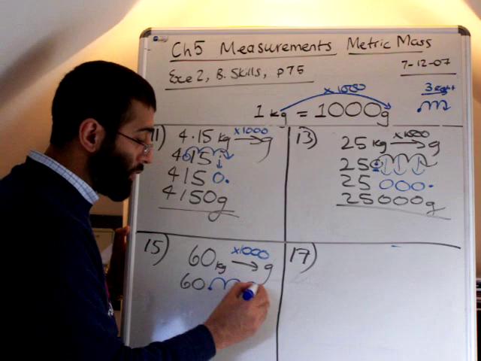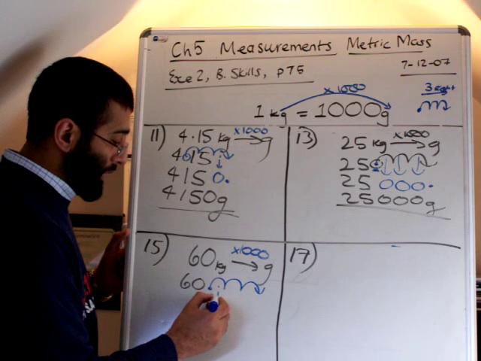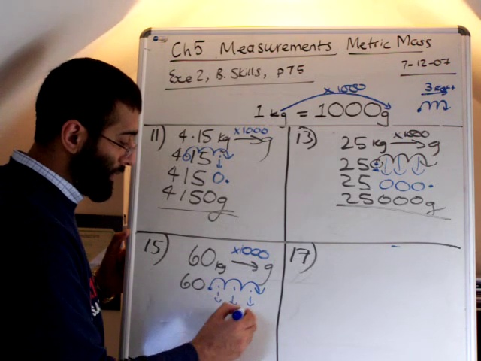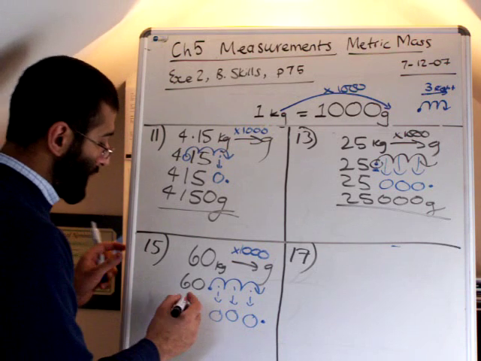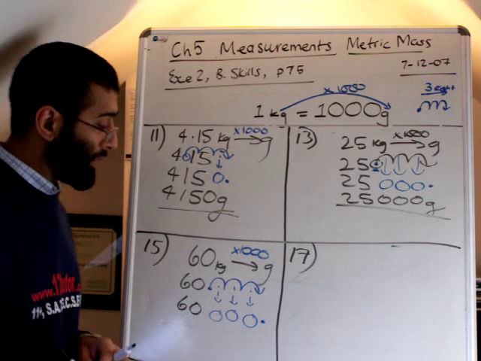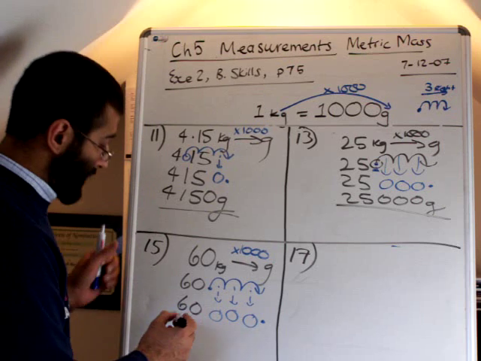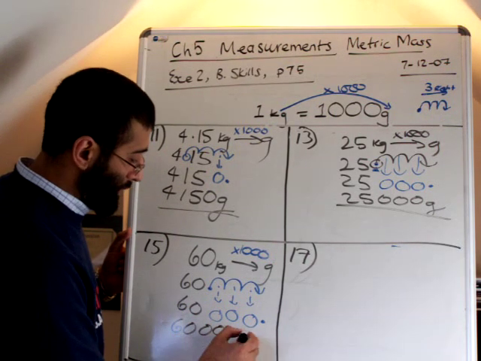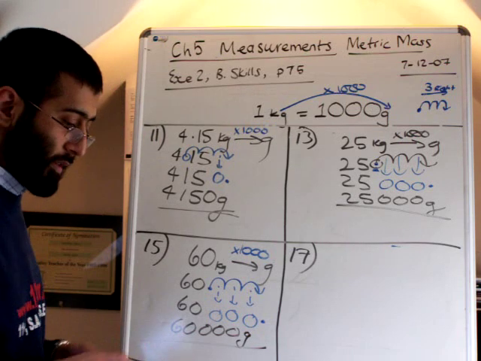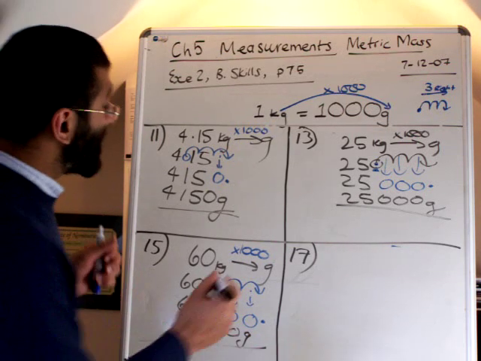We've got 1, 2, 3 to the right. We've got 3 empty gaps. So 3 zeros. Decimal point lands there. Copy down the 60. So now we've got 60,000 point, which is really 60,000 grams.